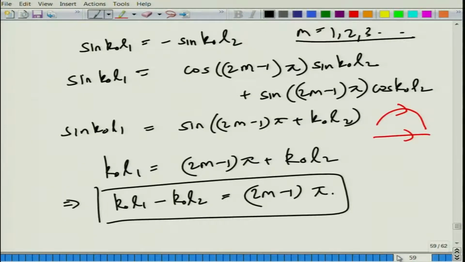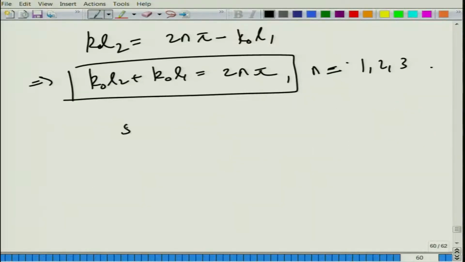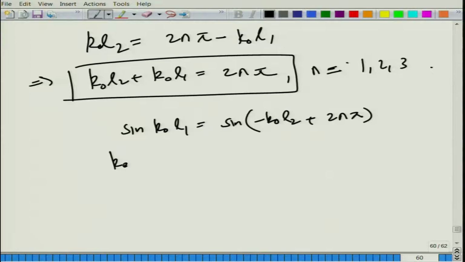Because here, just like instead of minus I have put cos here, you can also do it the other way around. So, this will happen when you take minus inside. So, what you get is basically sine of K0 L1 is equal to sine of minus K0 L2 plus 2n pi, where K0 L1 is equal to 2 pi n minus K0 L2, where n is the same thing here.